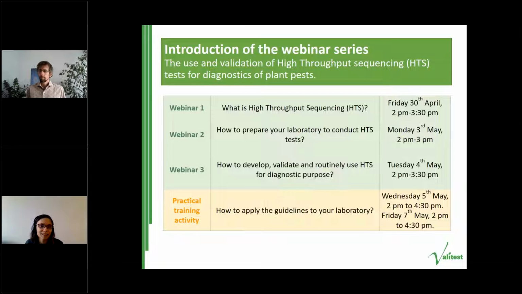This series is about high-throughput sequencing, which is a powerful tool that enables simultaneous sequencing of potentially all organisms present in a sample.